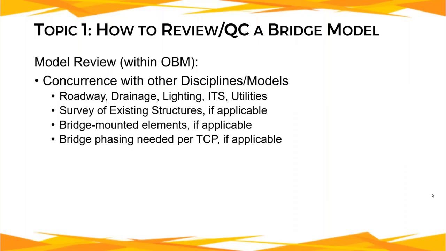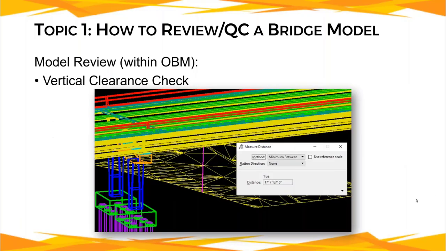So the next thing we'll talk about is vertical clearance check. We're going to be working with Bentley to potentially improve their clash detection tool, because you can use clash detection to do some vertical clearance checks, but there are some limitations. One is that it gives you a temporary view of that clash, which represents a clearance.